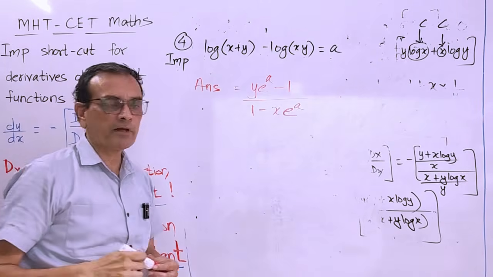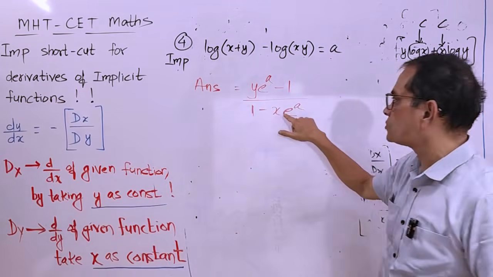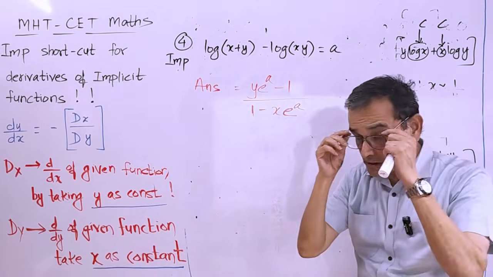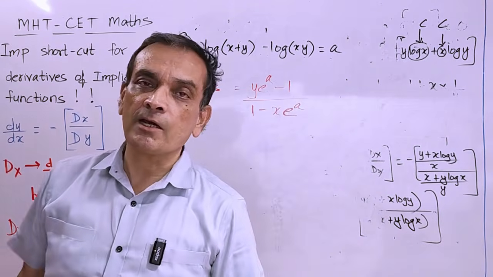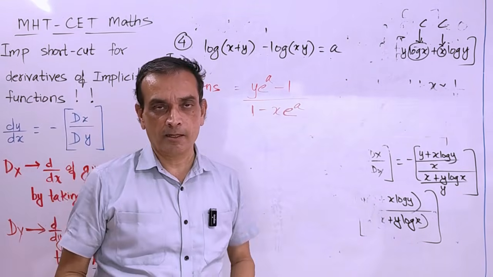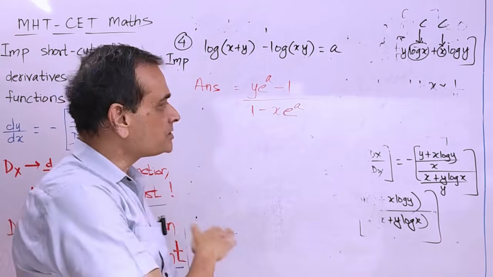So that is the clue. That means somewhere along the line we should get e raised to a. And then we will see how to use this shortcut.